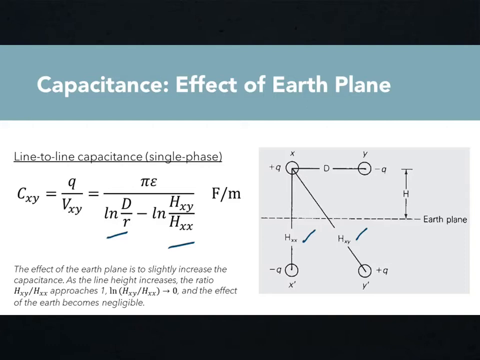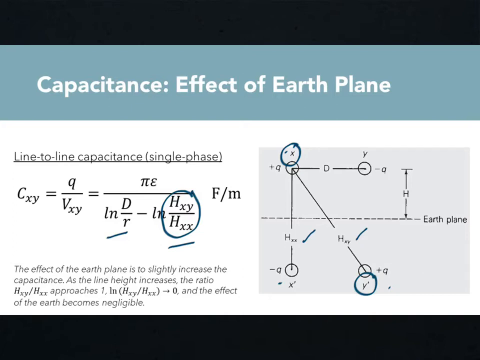Okay, so because of the method of images, we are taking into account the image conductor of the overhead conductor. So what we are taking into consideration here is your HXY, or the distance between your true conductor and the image conductor. And in this case, yung conductor to the other conductor, over this conductor dun sa image niya na conductor, HXX.